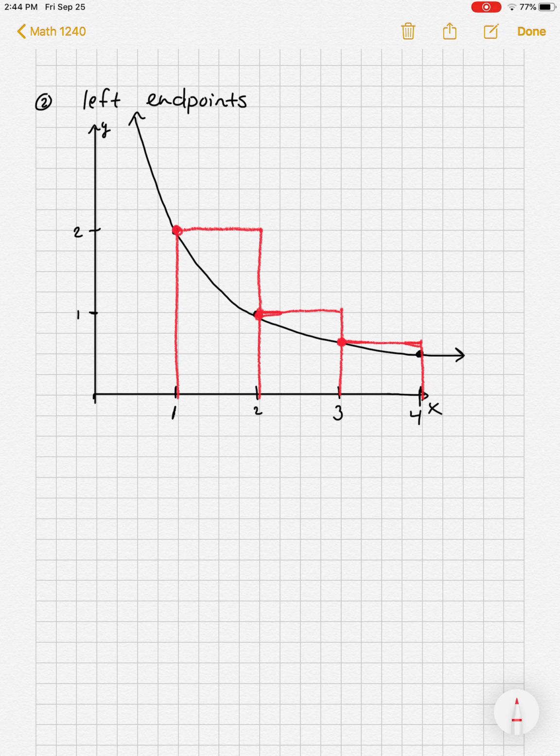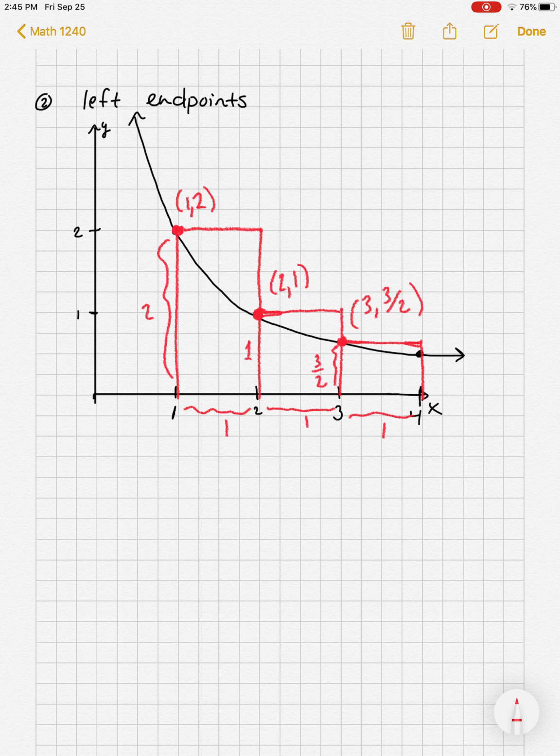Okay, let me label, let's see. So that's 1, 2. So this rectangle, 1 by 2. This point was 2, 1. So this length was 1. This height was 1. This length was 1. This point was 3 over 2. So this height was 3 over 2.